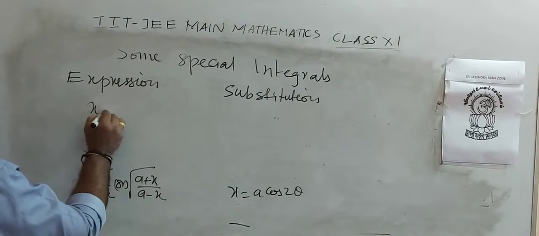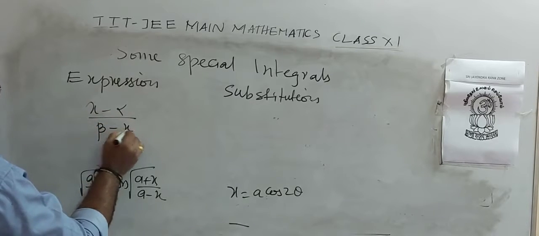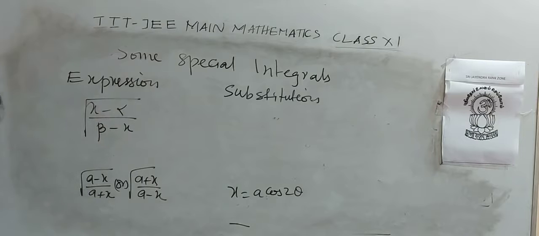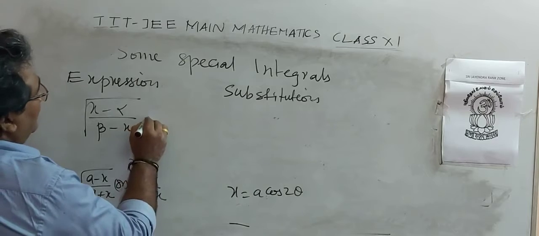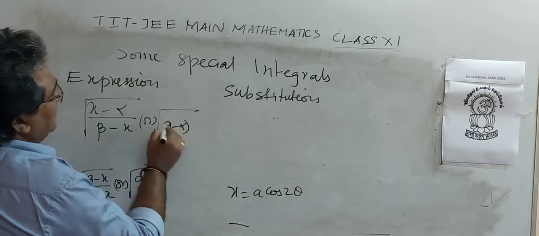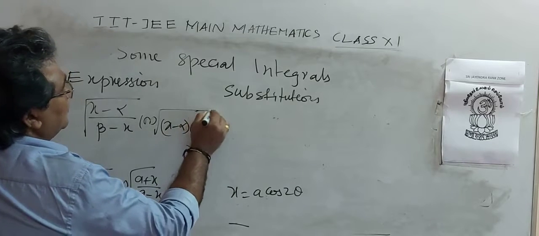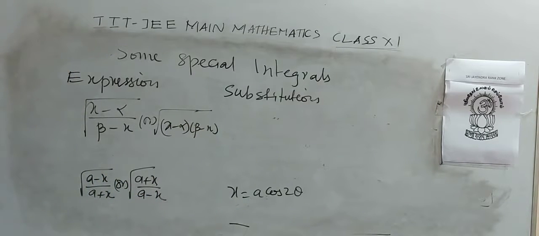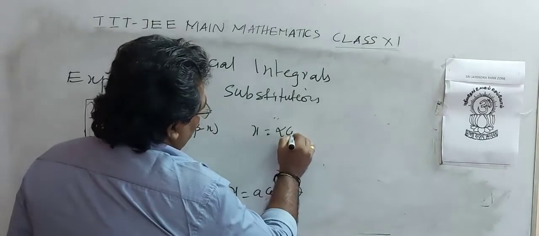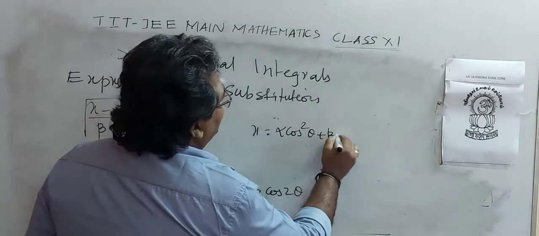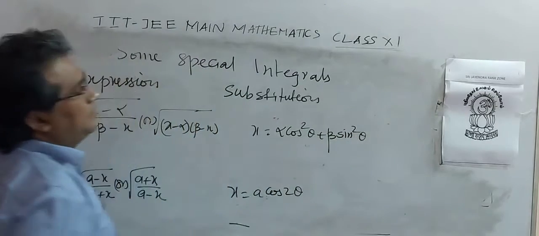For root of (x minus alpha) by (beta minus x) or root of (x minus alpha) into (beta minus x), take x equal to alpha cos squared theta plus beta sin squared theta.